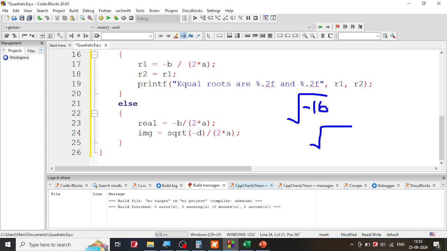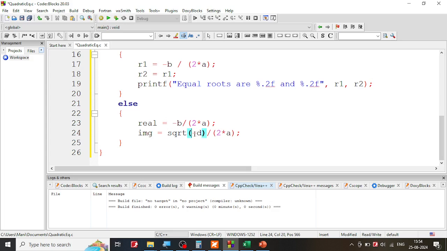So I'm going to say the square root of minus of d, where d is minus 16, so minus of minus 16. You know very well minus into minus is plus. So this is going to become 16. So I'm going to get the square root, 4. Then I have to put one extra i here. I'm going to put it manually.